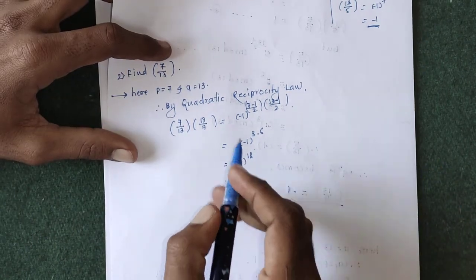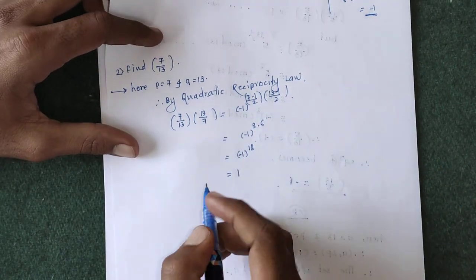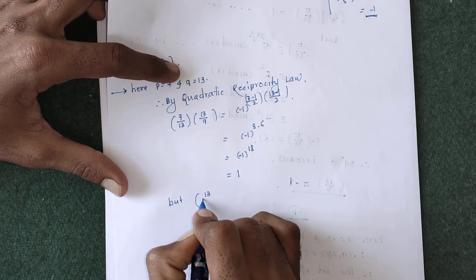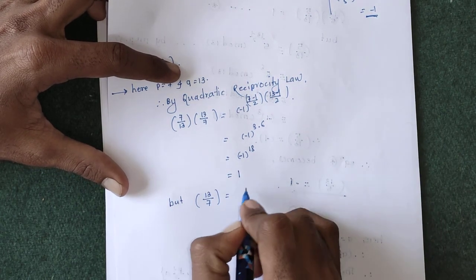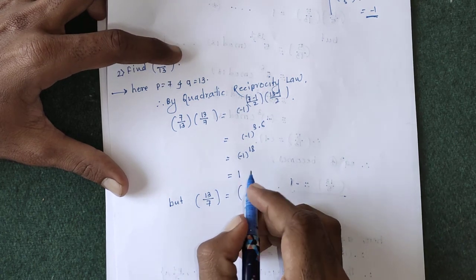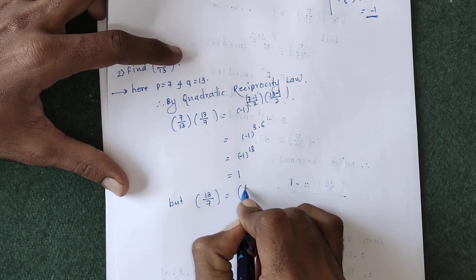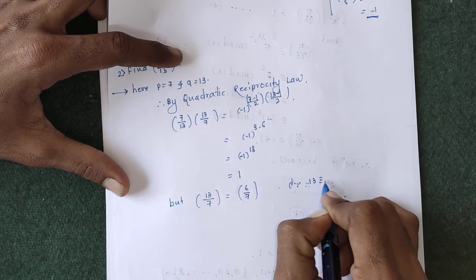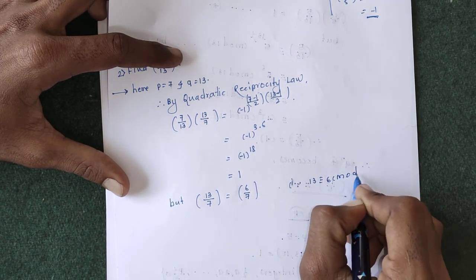Now, we have to find the Legendre symbol of 13 and 7. We can write it as the Legendre symbol of 6 by 7, since 13 is congruent to 6 under modulo 7.